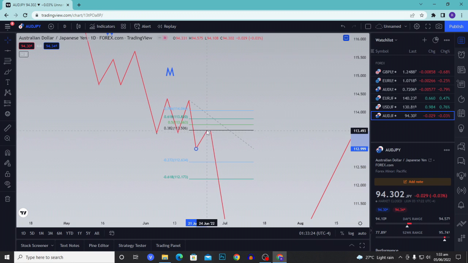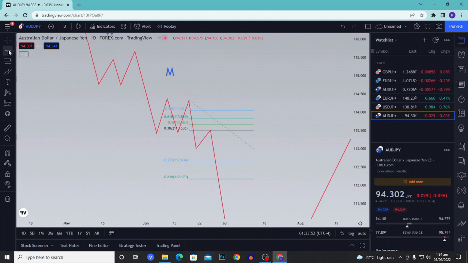Okay, we draw our Fibonacci tool from the high to the low, then we wait for price to come up to our 0.382 point or 0.5 or 0.618 point. Wait for price to come up, bounce off of them before dropping.